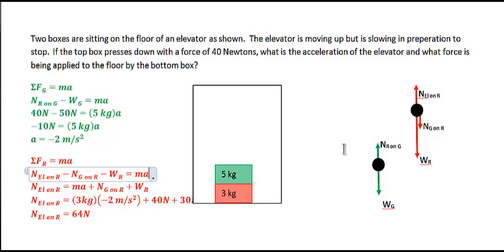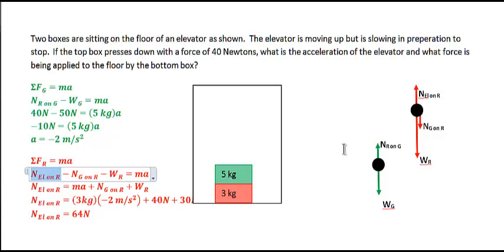Since this is the one that we don't know, I'm going to isolate for it, and then I plug in the numbers. These are the forces acting on the 3 kilogram mass, so that's the mass we use. We plug in the negative acceleration that we found in the previous step, plus the force of green on red. You remember that we calculated red on green, but Newton's law tells us what green on red is.